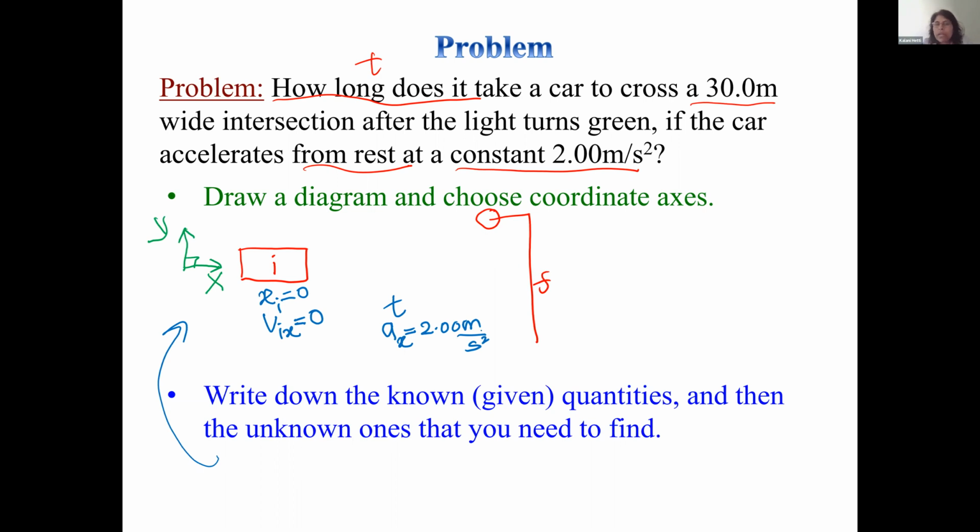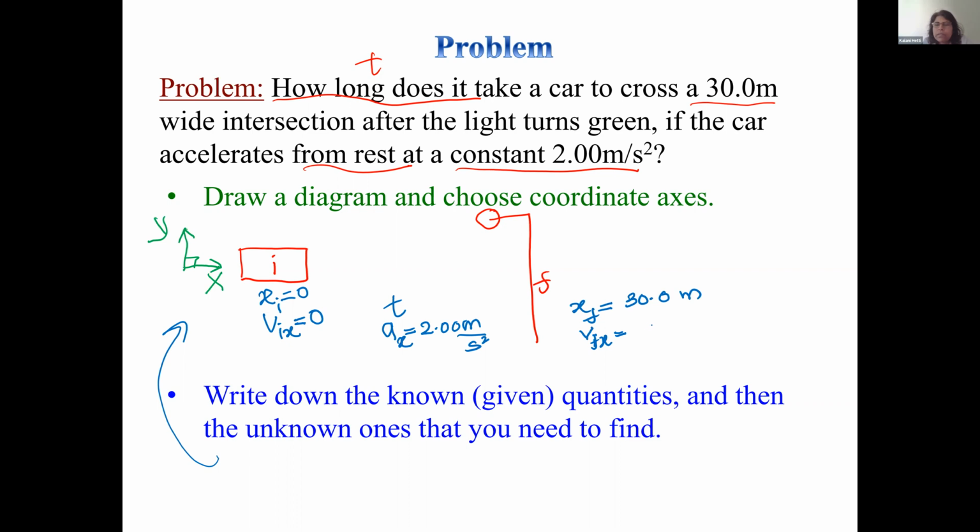And then you go to the final place and write the information. x final is a positive number that is given, the 30 meter intersection, right? And then we need to find out the time. v final in the x direction is not given any information.